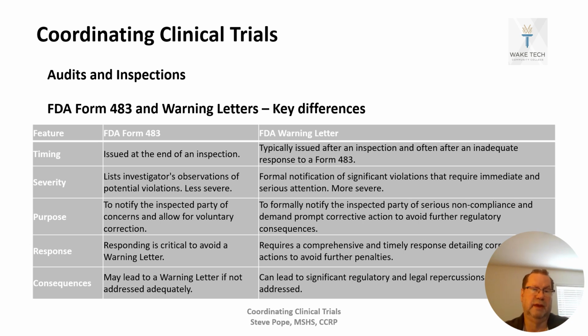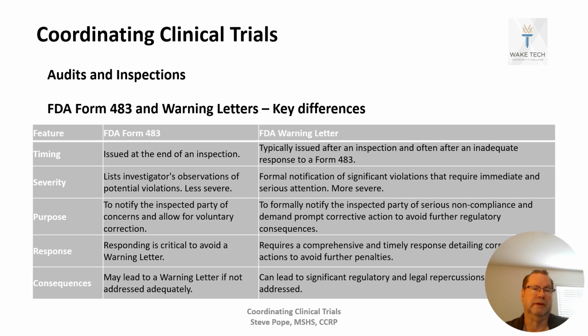The purpose of a 43 is to notify the inspected party of concerns and allow for voluntary correction. The warning letter is to formally notify the inspected party of serious non-compliance and what they're going to do to get corrective action going.